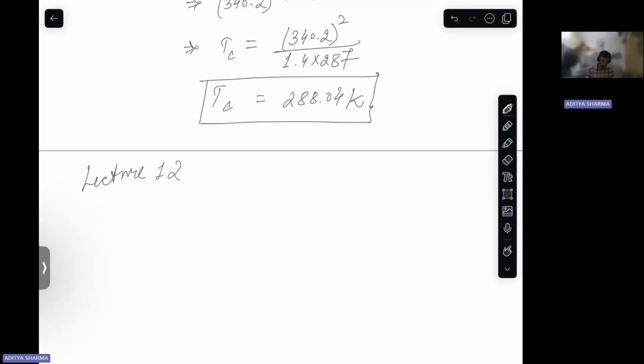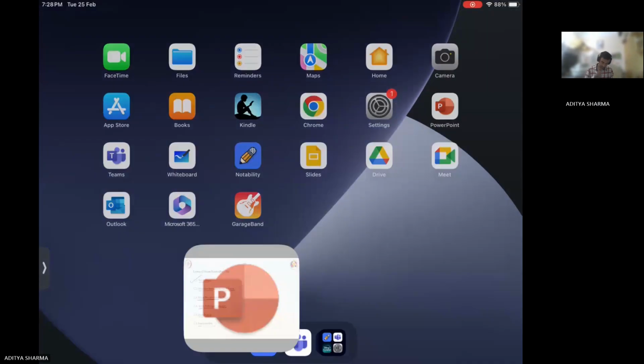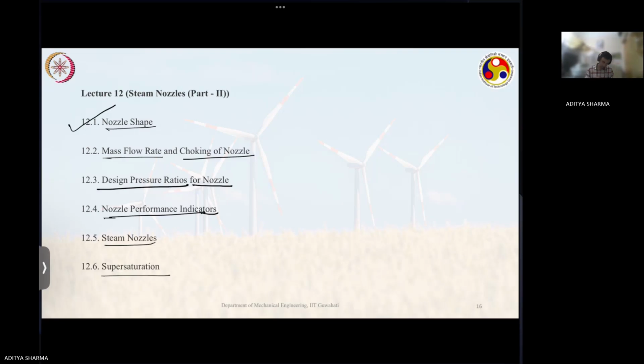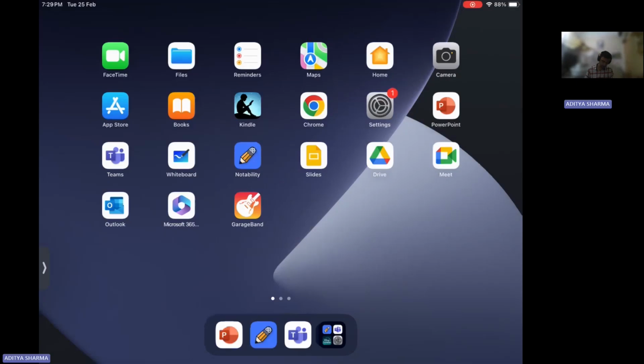Lecture number 12. So I'll start from mass flow rate and choking of nozzle.